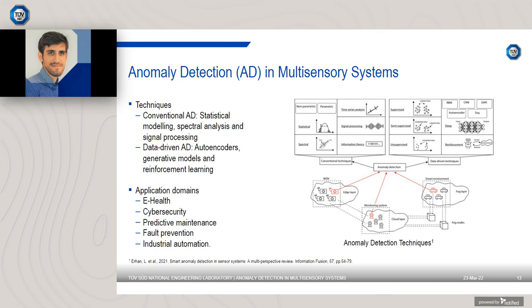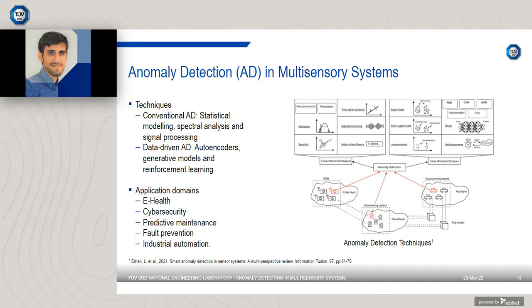Statistical analysis, such as the interquantile rule, looks at out-of-distribution data points and uses the interquantile range to detect them. We also have spectral analysis to extract features in the frequency domain.